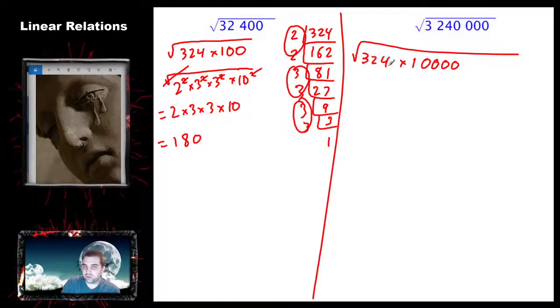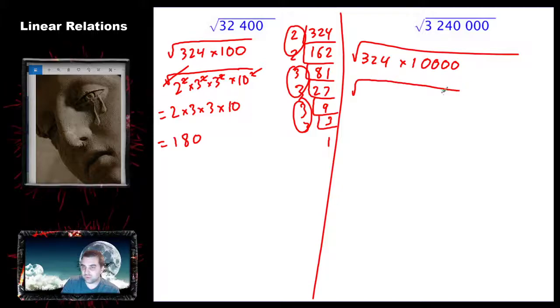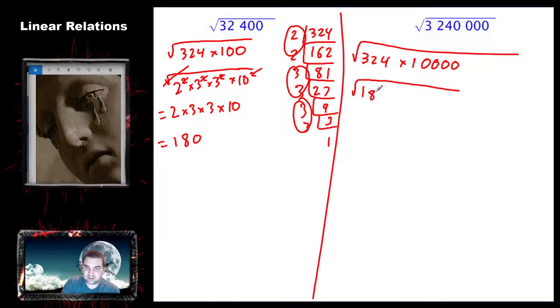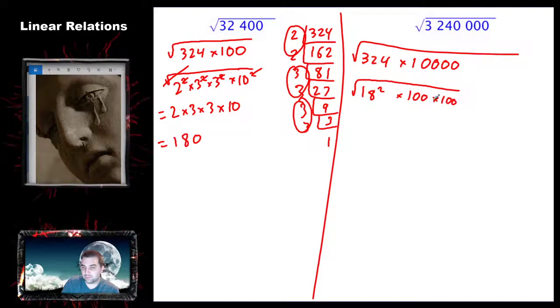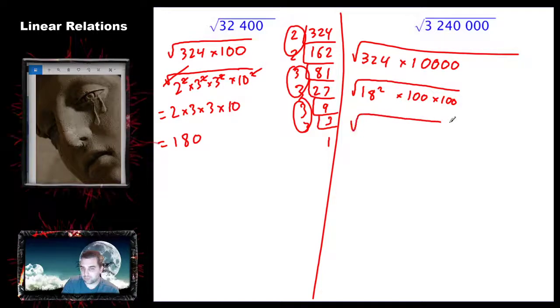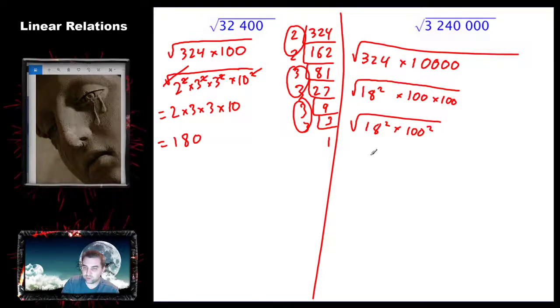Now I know that 324 is actually 18 squared, so I can shortcut that now because I know that. And 1, 2, 3, 4 zeros means 100 times 100, or 100 squared. Let me rewrite that now. 18 squared times 100 squared.